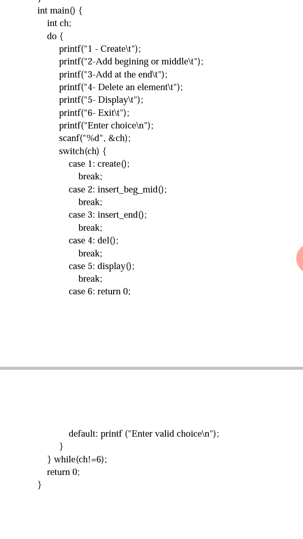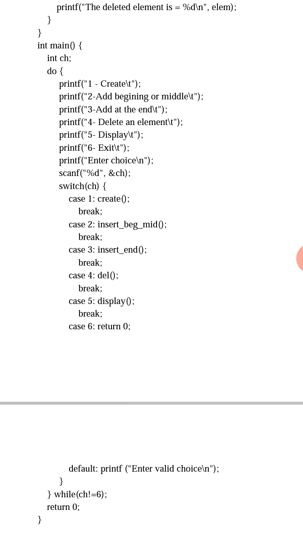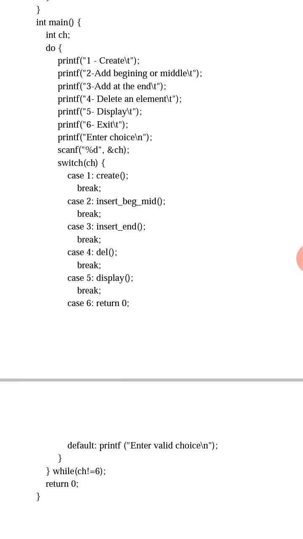Again, we know that we are going to implement user defined functions to perform all these operations, and the user cannot perform all these operations at once. So hence we need to take his or her choice. To do that, I have declared variable ch, and I am storing the value entered by the user in ch.